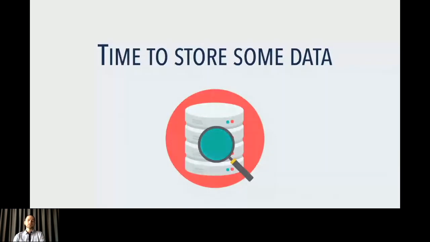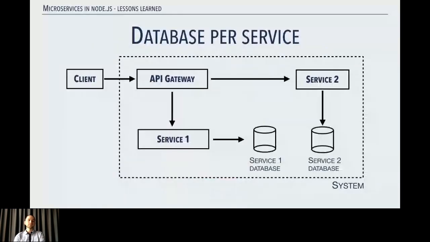As with actually everything in microservices, there are different approaches. One of them is to use a database per service. In that approach, each service has its own database, which is only available to that particular service. There are some pros to it.